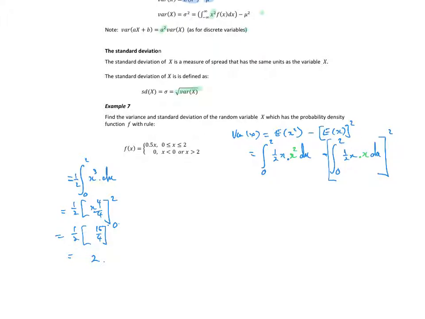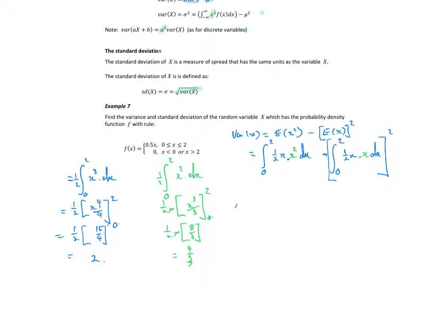And we worked out the other one before, 0 to 2 of a half x squared dx, which is a half times x to the 3 on 3 between 2 and 0, which is a half times 8 on 3, which is equal to 4 on 3.